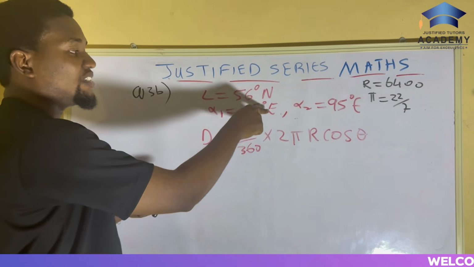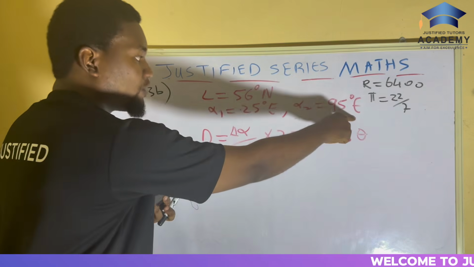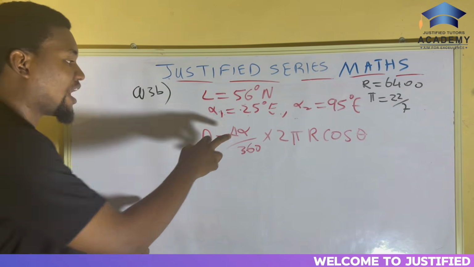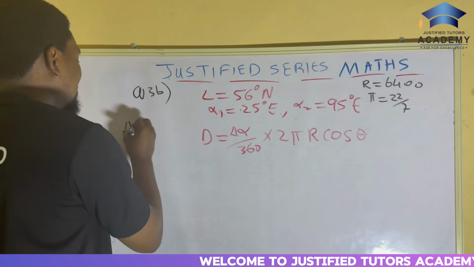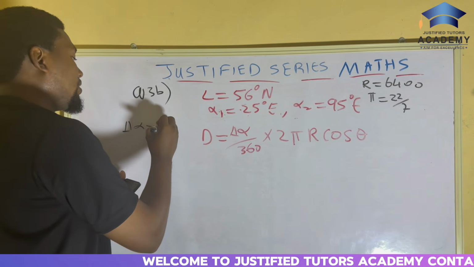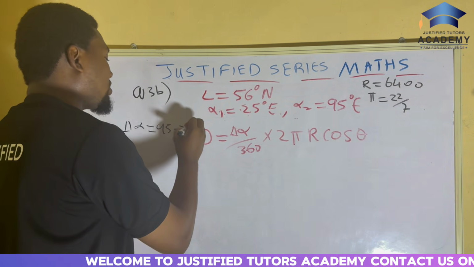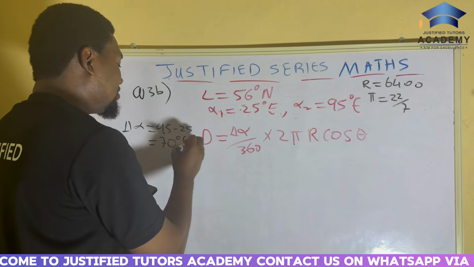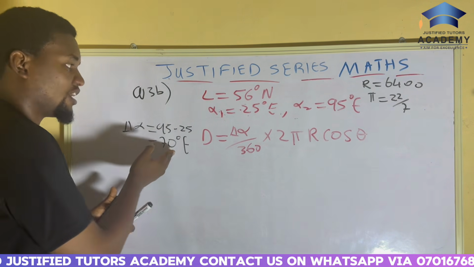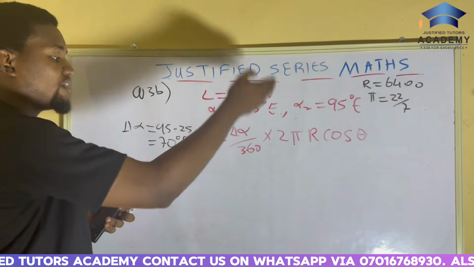If this one was in the east and this one was in the west, we'll add them. So now to get our change in alpha, it will be 95 minus 25, which gives us 70 degrees east. Now we've gotten our change in alpha, and we now have our theta. Now let's solve.